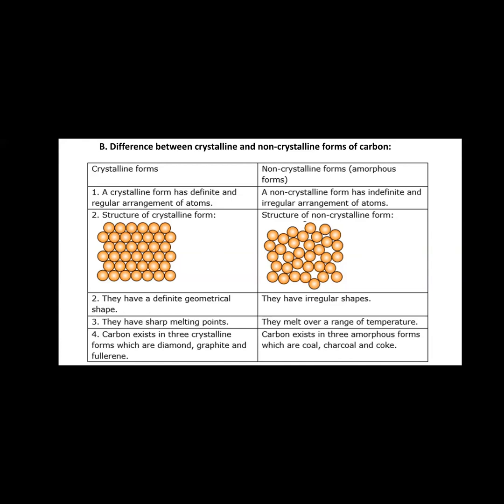But in the non-crystalline form, atoms are randomly arranged. There is no order or sequence. They are randomly arranged however they want. Therefore, they are not definite or regular in shape. So crystalline has a definite and regular shape, and non-crystalline has an indefinite and irregular shape. This is the main difference.